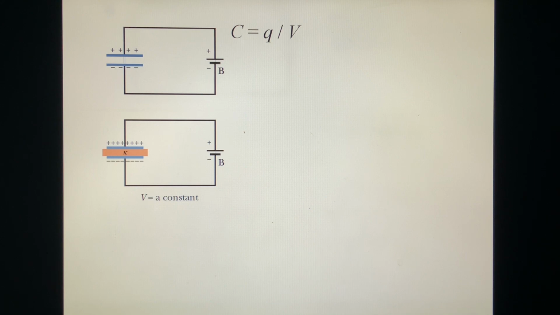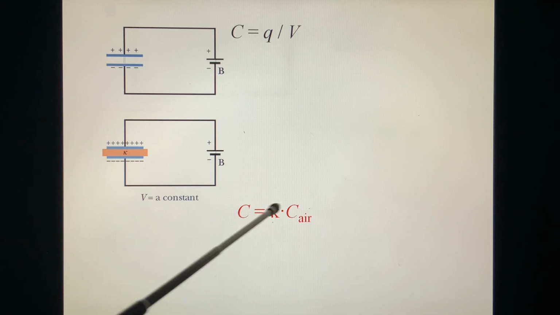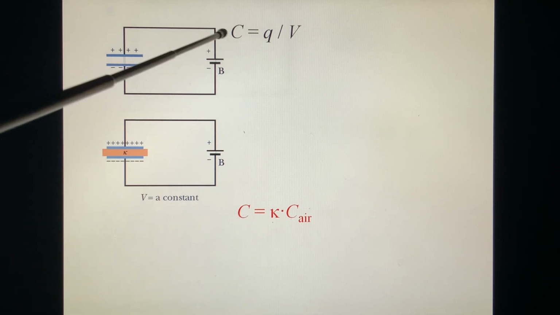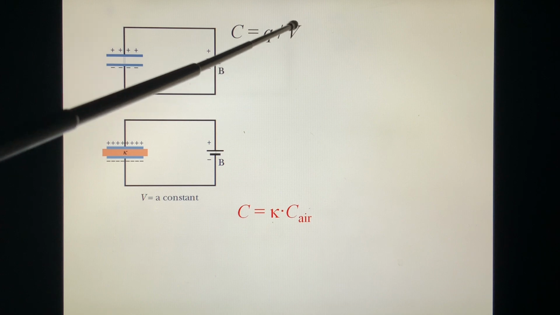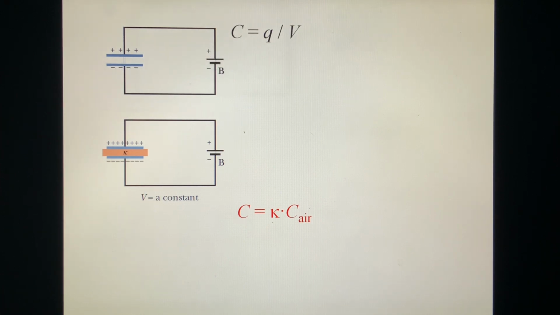Why? Because of the fact C equals kappa C air. This is a fact, a measurement result. C increases, V is constant, so Q increases in this case.